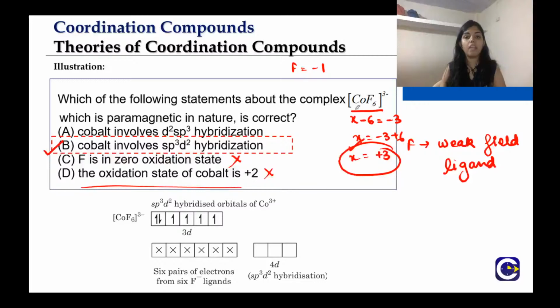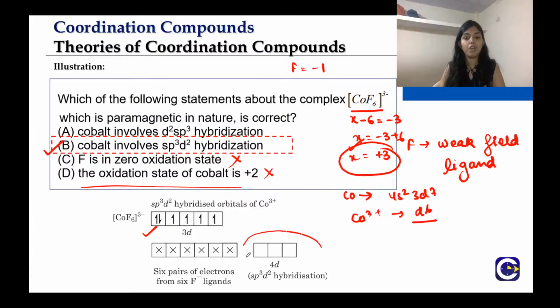Now you have to find out the hybridization that is followed by this complex. As we know, fluorine is a weak field ligand, right? So for cobalt, the electronic configuration will come out to be 4s2 3d7. Cobalt 3 plus will have d6, right? So this is the electronic configuration, that is d6. Now because fluorine is a weak field ligand, it is not able to pair up the electrons of 3d.